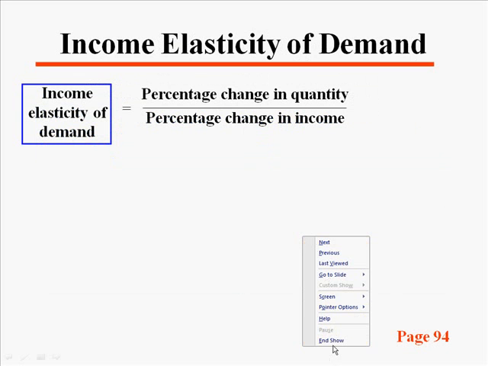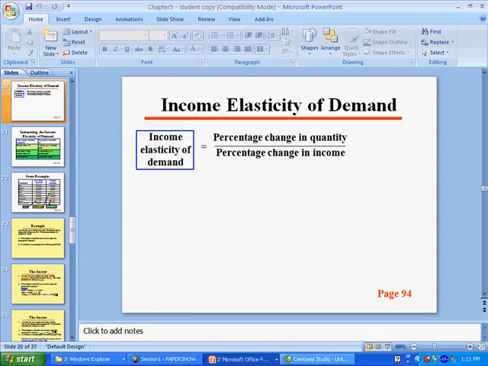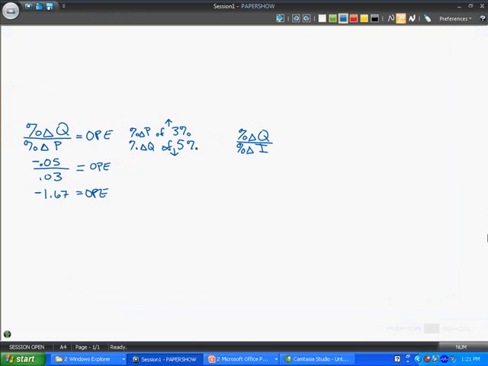Let's do another example. So we have the percent change in quantity over the percent change in income.